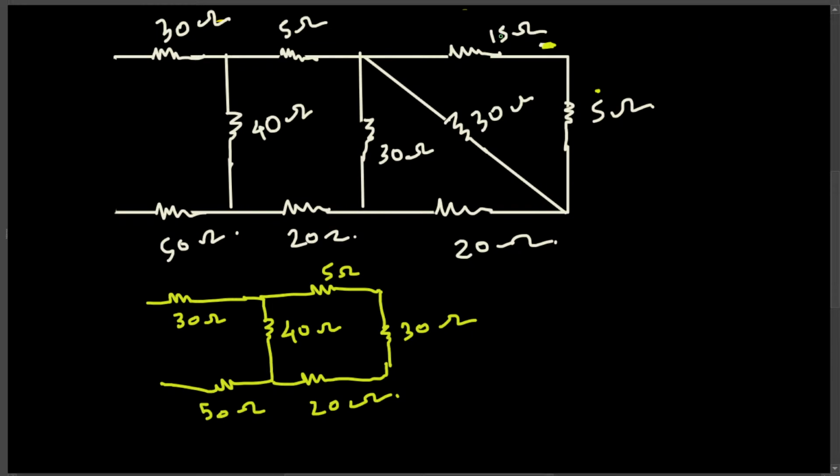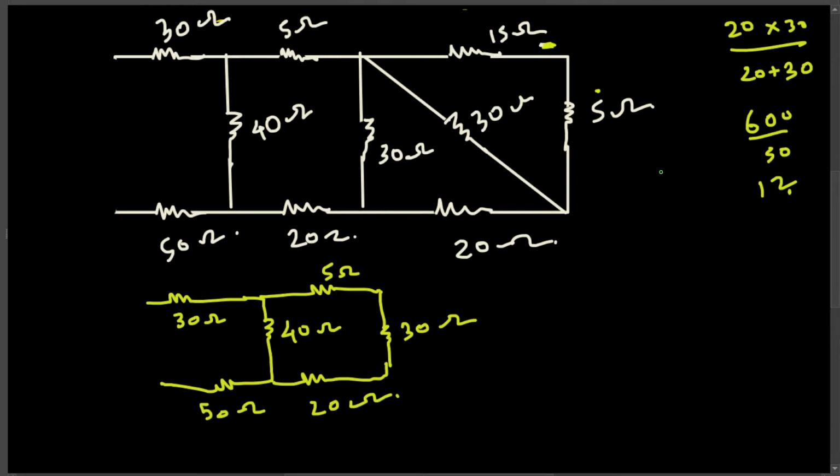So the equivalent resistance here is 20, and then here we have 30 and 20 in parallel. Okay, 30 and 20 are parallel, so we can do the product over sum, because this is only two resistors. So 20 times 30 divided by 20 plus 30, that is 600 divided by 50, that is 12. Okay, so 12 is the equivalent.